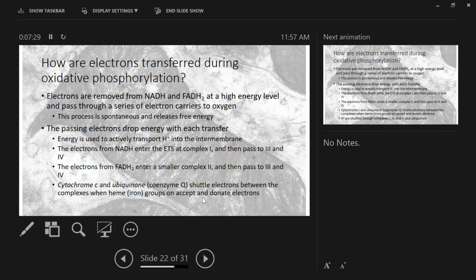They're in the inner mitochondrial membrane, physically in between the complexes, to allow the electrons to continue to drop down energy levels and to move from complex 1 to complex 2, and complex 2 to complex 3, and complex 3 to complex 4, and then complex 4 to oxygen as the final electron acceptor.